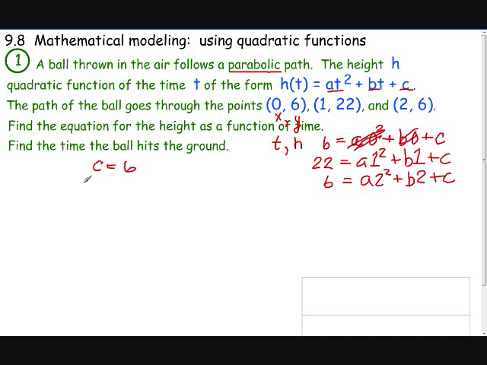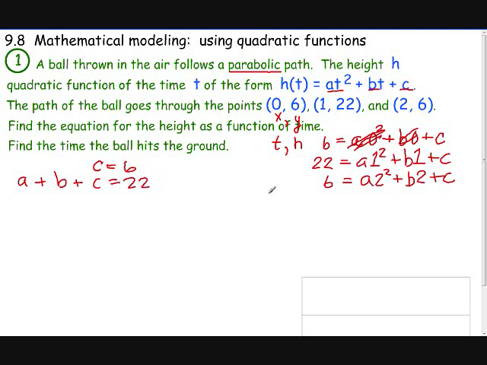This next equation, I'm going to have 1a plus 1b plus c equals 22. So a plus b plus c equals 22.